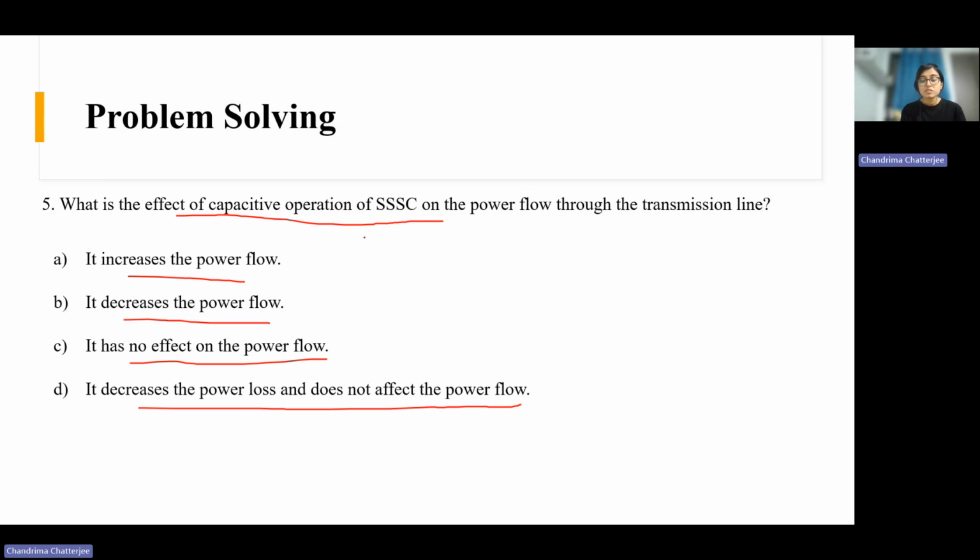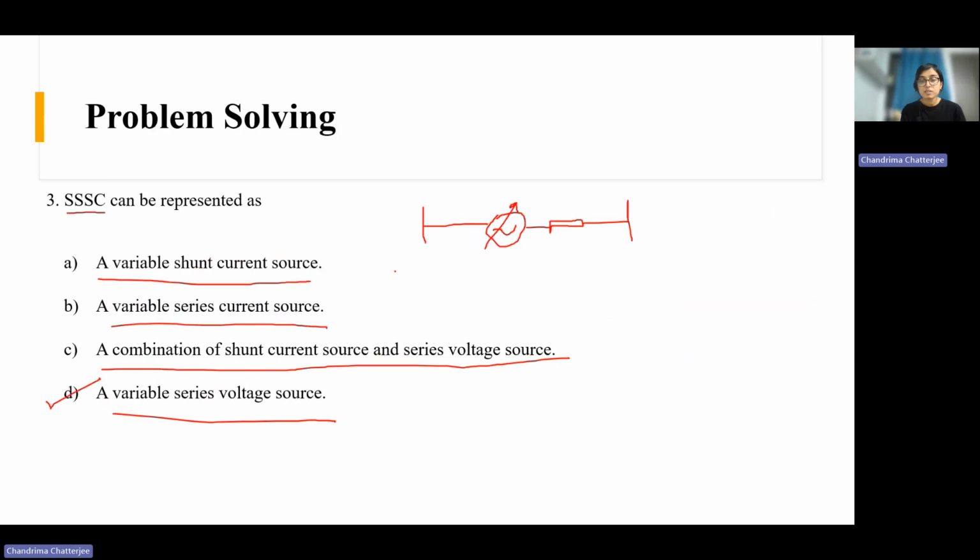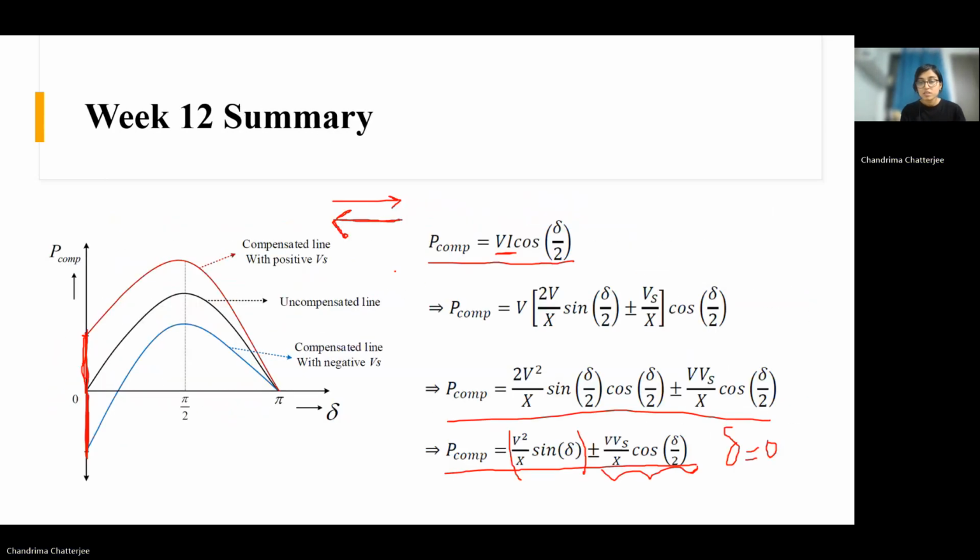So if we just refer to the power flow equation, this was the equation we finally got, and this was the extra term. In capacitive mode of operation, Vs is greater than 0, right?